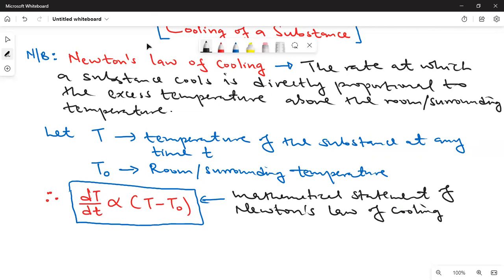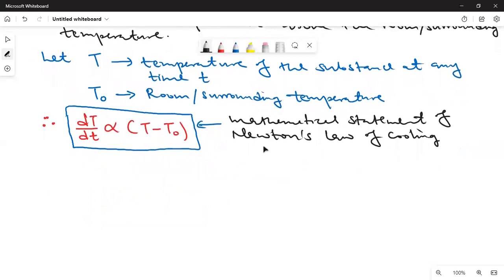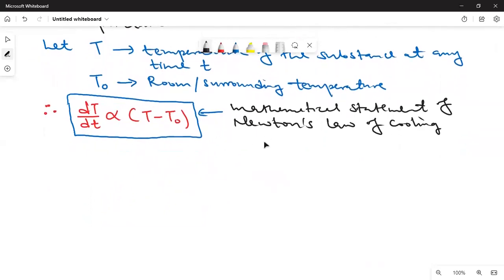Now, how do we get rid of the proportionality symbol? We need to introduce a constant of proportionality so that this equation can be written as dT with respect to time equals a constant k times T minus T naught.